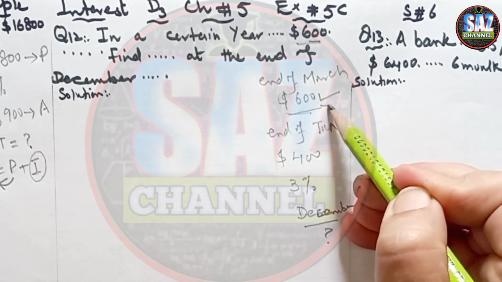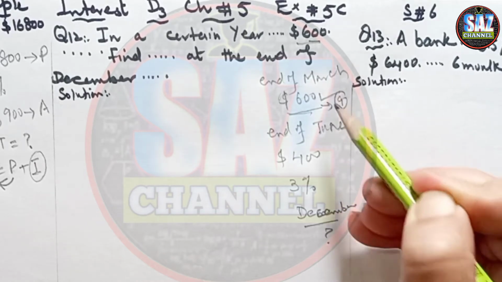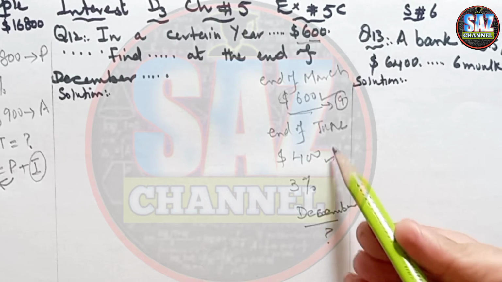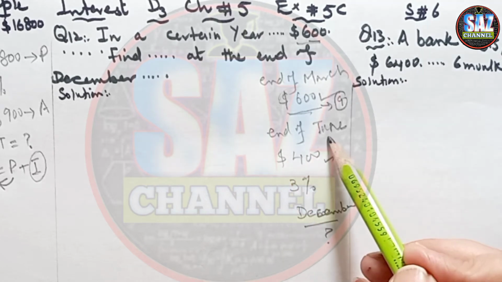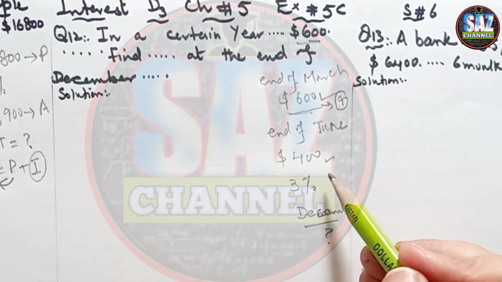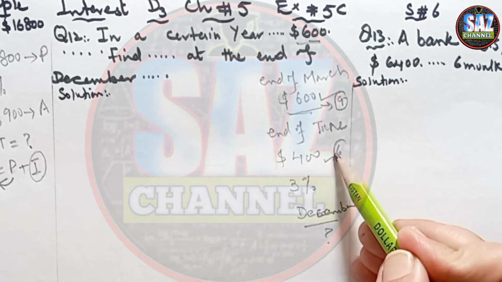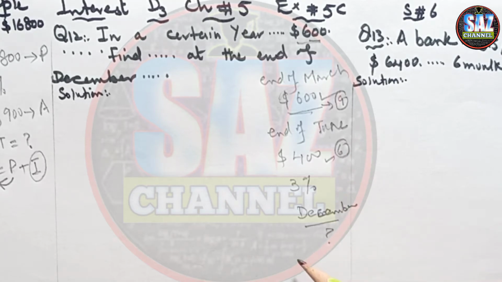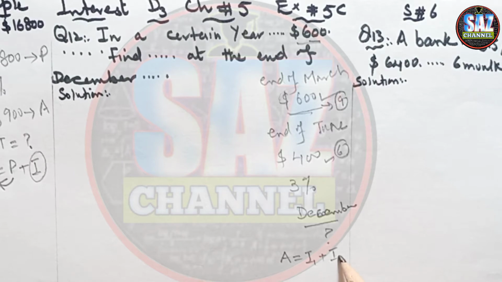Coming to the second investment, the $400, he is making at the end of June. From June to December, again we will have 6 months. So it means that the total amount he will have at the end of December will be equal to I1 plus I2 plus the original principal amounts in the two banks.